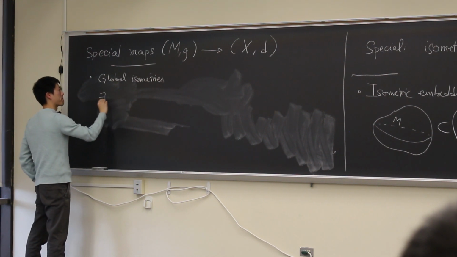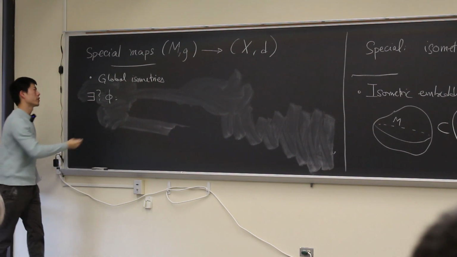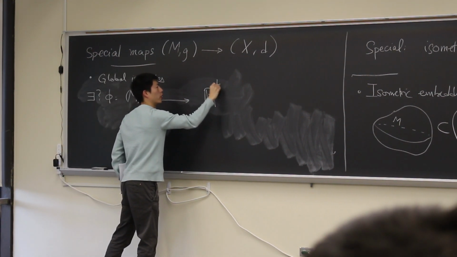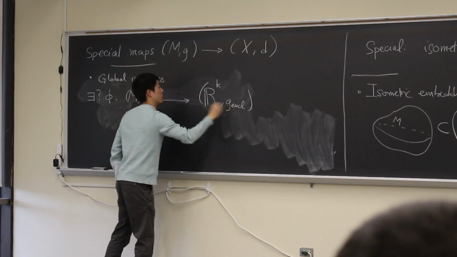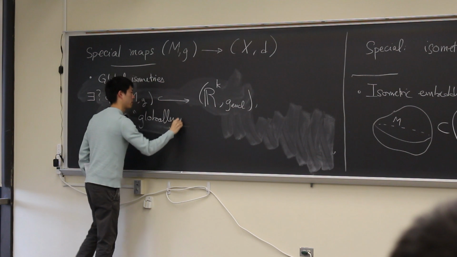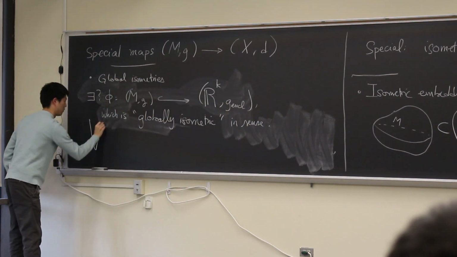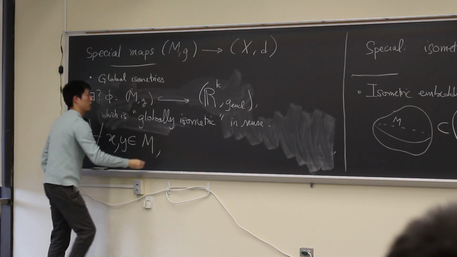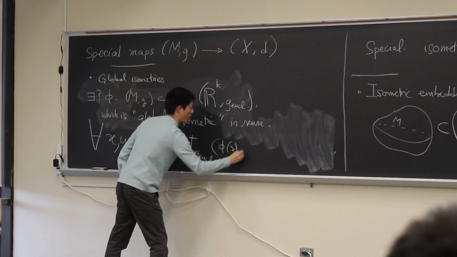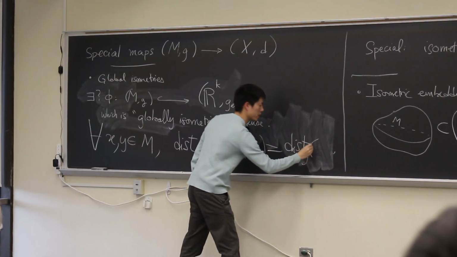So you can ask whether or not there exists an embedding of M with the given metric to a high dimensional Euclidean space which is globally isometric in the following sense: the distance function is sent to the distance function.